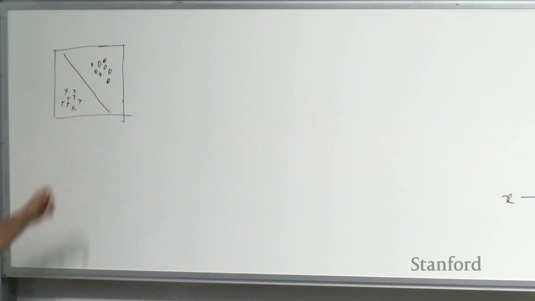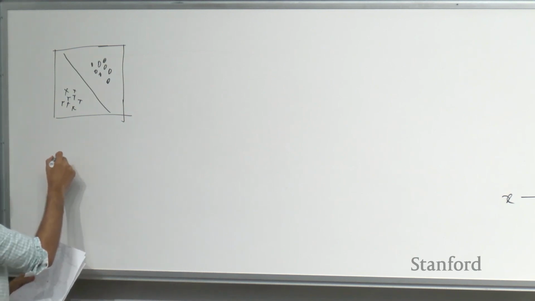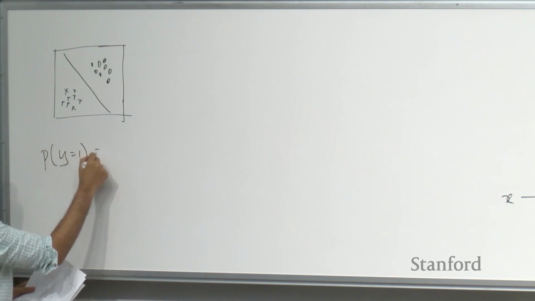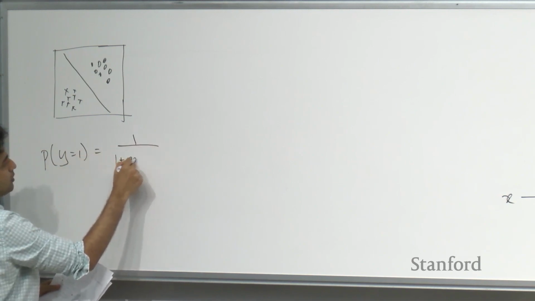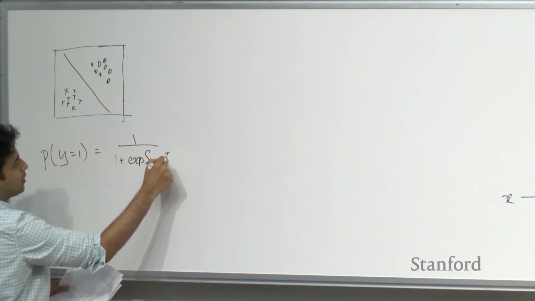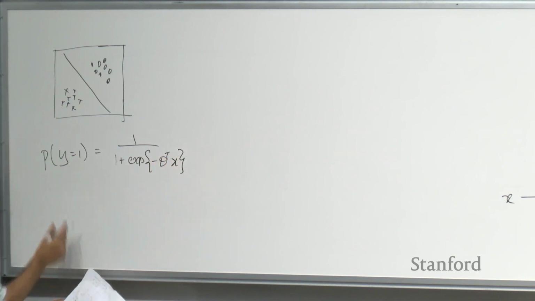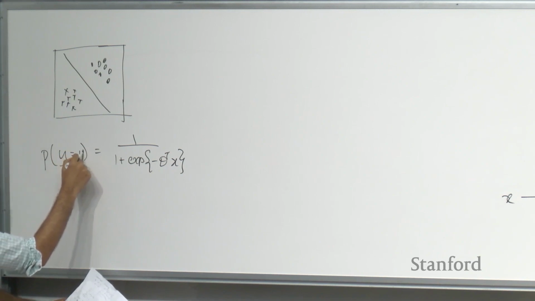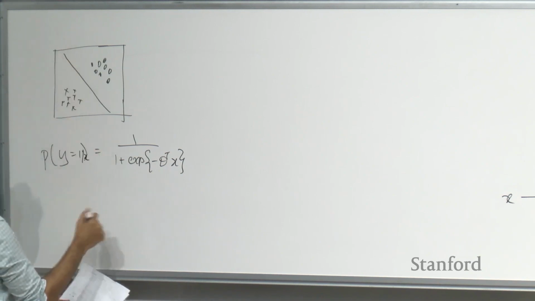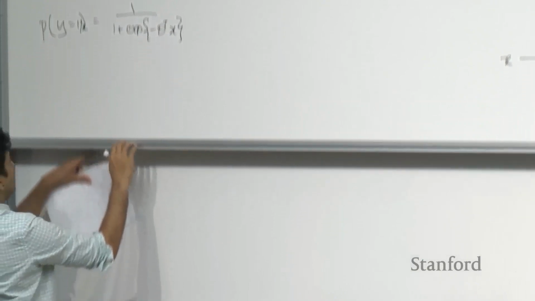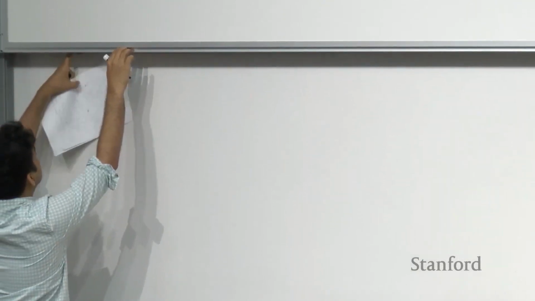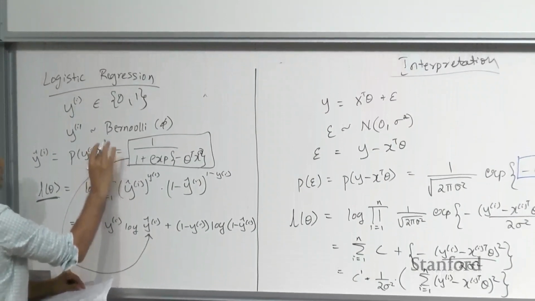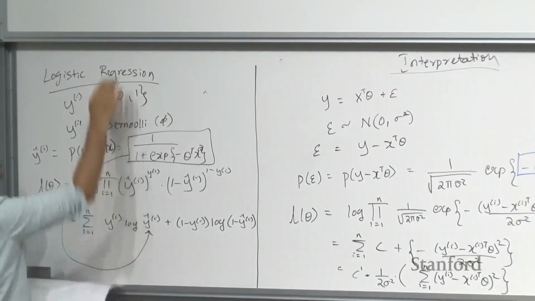In this kind of scenario, the assumption that P of y equals 1 is 1 over 1 plus exponent minus theta transpose x, the assumption that P of y equals 1 given, so this should be given x, so we assume a conditioning there as well. Let me correct it right away here. This is P of y equals 1 given x.